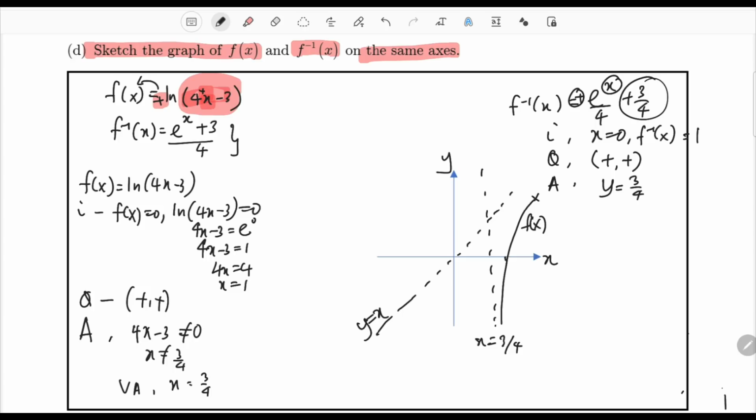And then for your f inverse, find the line y equal to 3 over 4. So this is your y equal to 3 over 4. And then also the intercept will be 1. Okay, it is also positive, positive for the quadrant. So this will be your f inverse. So label it.